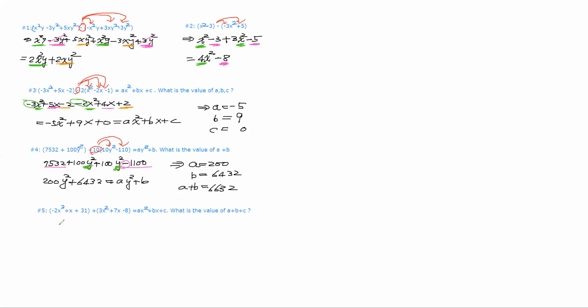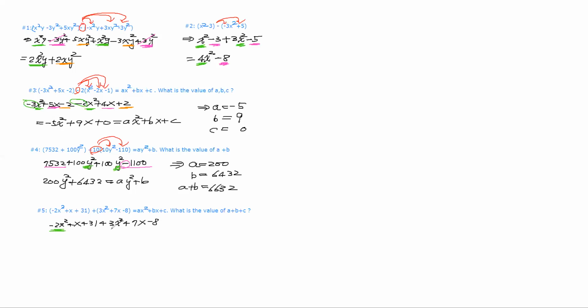Okay, let's try to do one more time here. This is negative 2x squared plus x plus 31 plus 3x squared plus 7x minus 8. So the same things here, combine x squared.